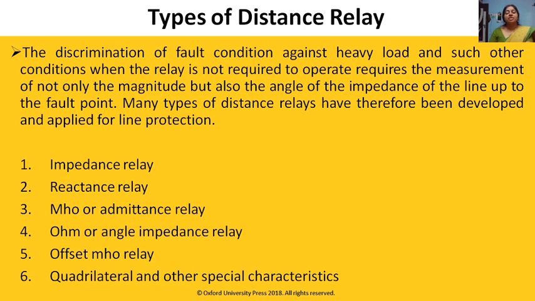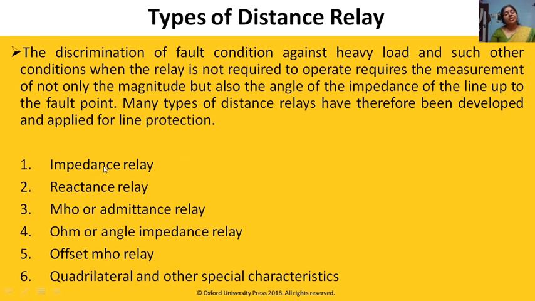Many types of distance relay have therefore been developed and applied for line protection: impedance relay, reactance relay, mho or admittance relay, ohm or angle impedance relay, offset mho relay, quadrilateral and other special characteristics relays. Now we will see one by one.